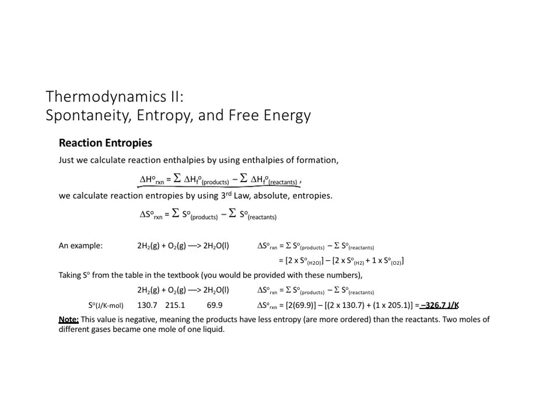Similarly, we calculate reaction entropies by using third law or absolute entropies. Notice that the equations are the same, products minus reactants. So the form of the equation is what we saw in enthalpy back in chapter 8, and we're using the same state function principles to calculate entropy here. Here's an example.